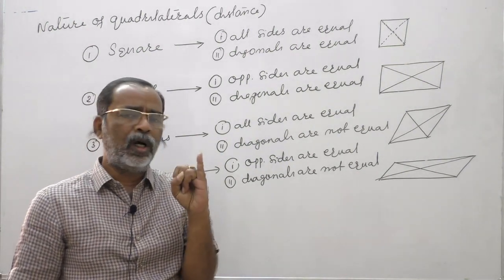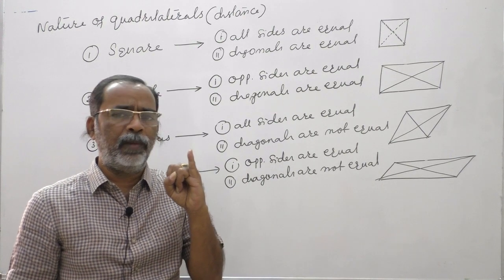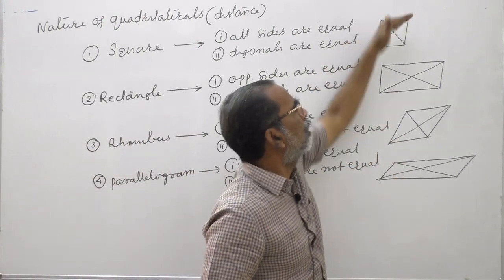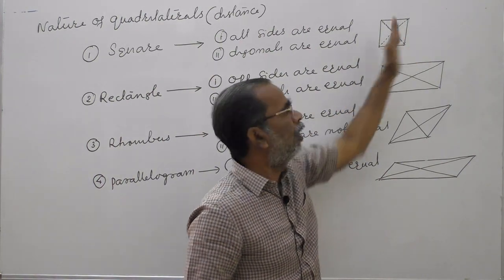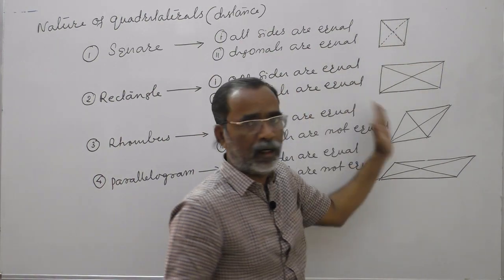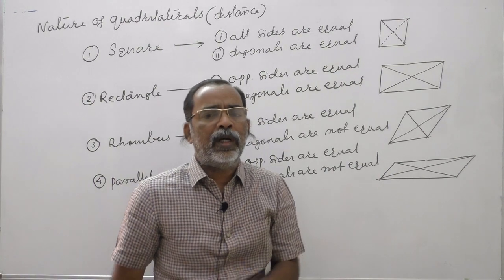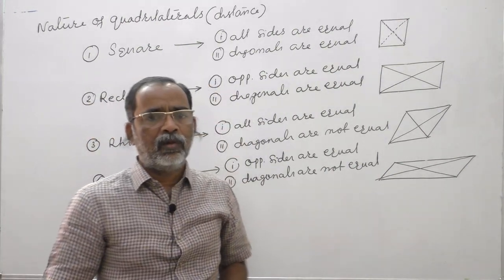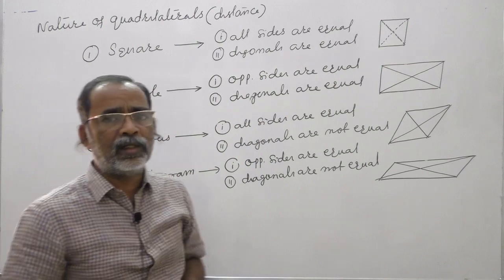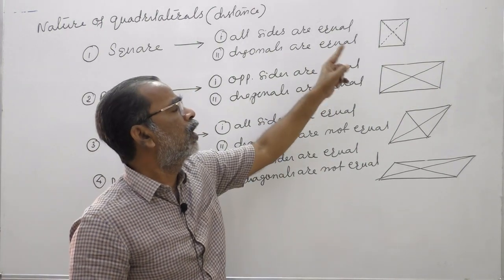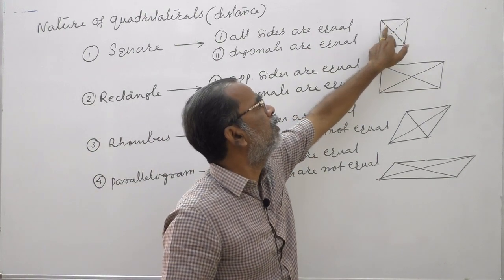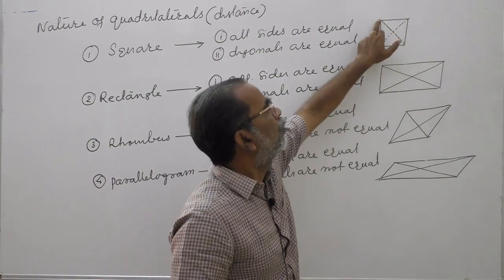Some properties of any parallelogram: opposite sides will always be parallel to each other. In any figure, this and this are parallel, these are parallel. Opposite sides are parallel in all the 4. In all the 4, diagonals bisect each other. What does it mean that diagonals bisect each other? It means the midpoint of the diagonals is the same.